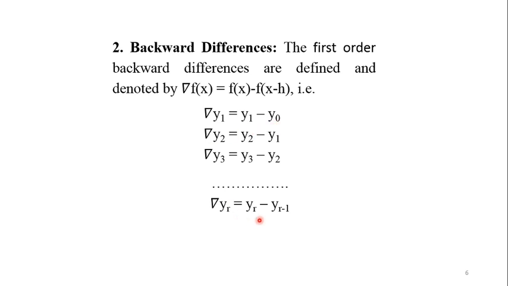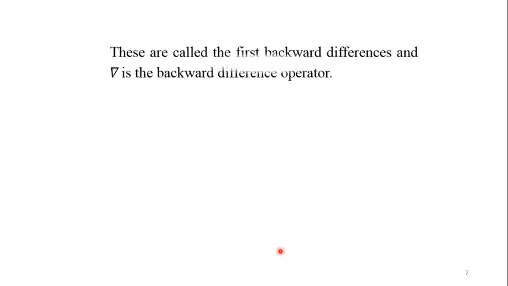How can we write this? You will find it very easily. If the first term has subscript r, then the second has subscript r minus 1. So for yn, here you have n minus 1. So these are called first backward differences, and lambda is called the backward difference operator.